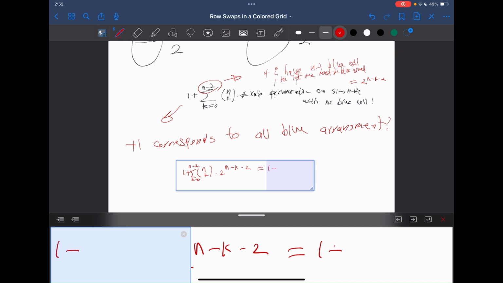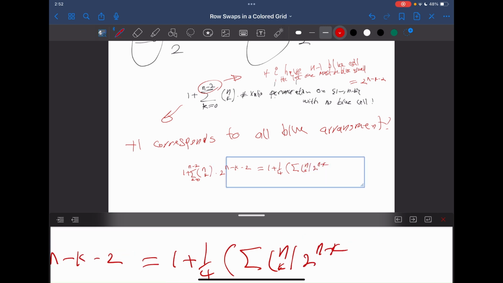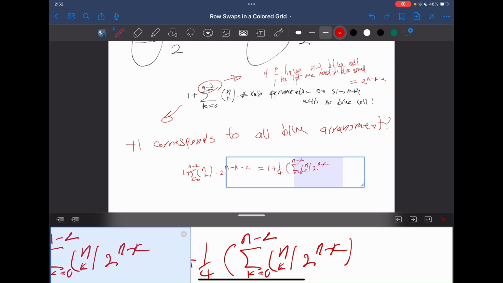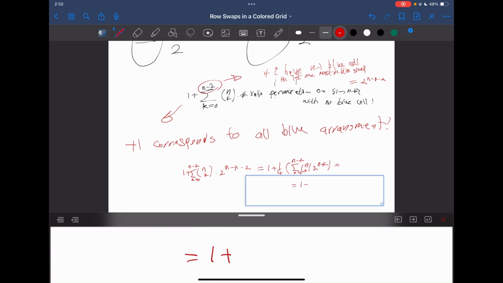And this is 1 plus 1 over 4. This is just the binomial, right? The sum over k from 0 to n minus 2 of n choose k times 2 to the power n minus k. And this is equal to 1 plus 1 divided by 4 times 3 to the power n minus the two terms that I'm missing.